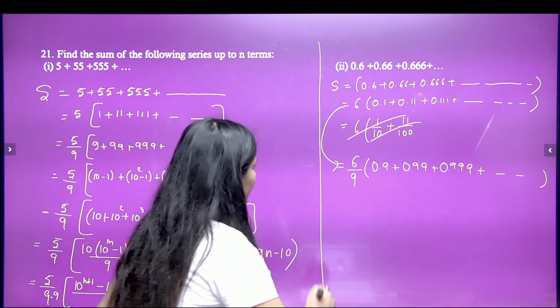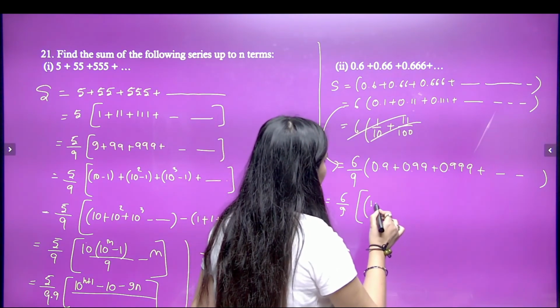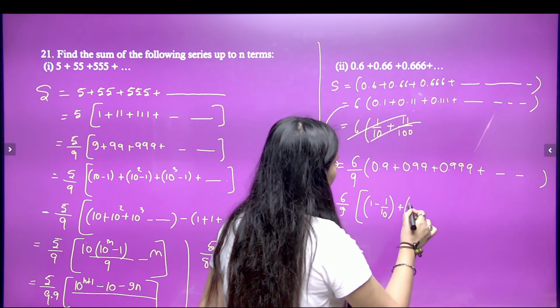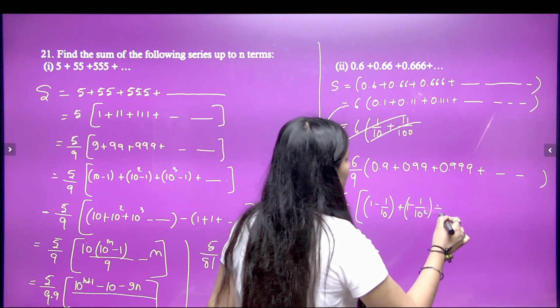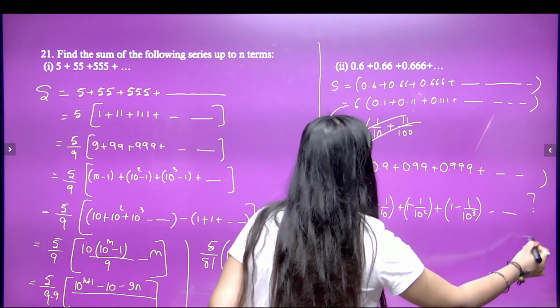Okay, so now we have 6 by 9, and here we have 1 minus 1 by 10, and then 1 minus 1 by 10 square. Similarly, we have 1 minus 1 by 10 cube, and it goes on like this, isn't it?